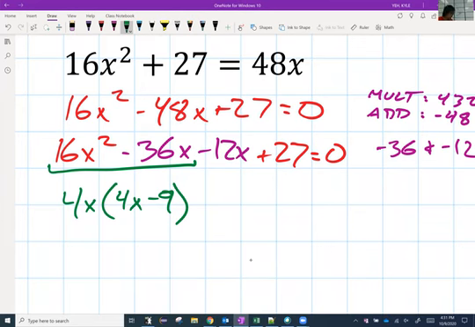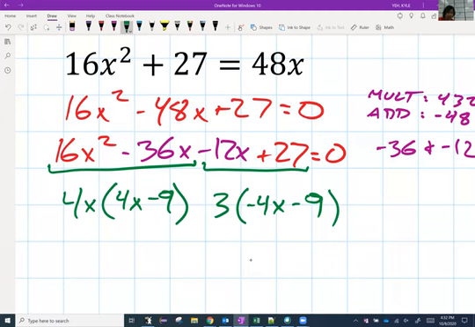Group the second two terms, and I think I can pull out a 3, which leaves me with negative 4x minus 9. And you'll notice the insides are not exactly the same, so I've got to figure out what's going on.